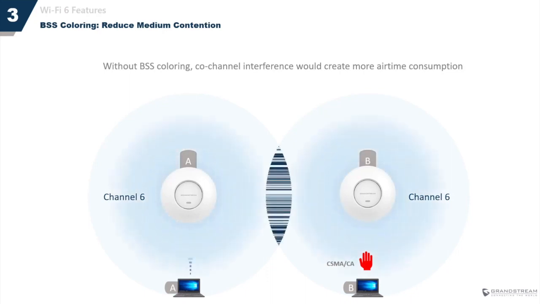With overlapping BSS here, access point B is picking up the frames sent by computer A even if it belongs to a different BSS, which causes the access point B and computer B to put off their data transmission. This happens because the wireless standards prior to Wi-Fi 6 did not include any identifier of the BSS in the data transmission.